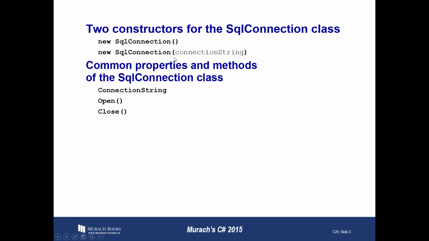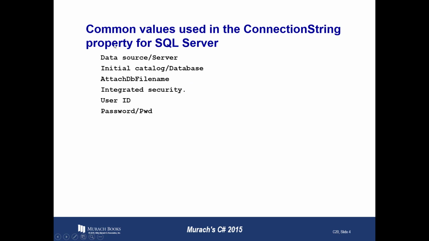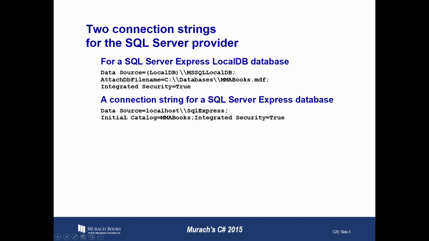So here's some constructors for an SqlConnection, some of the common properties, some of the common values used for a connection string. Notice things, we've talked about these before. The data source, the initial catalog, where does the database live, what's the name, does it have Windows security, do we need a user ID to log in, do we need a password.